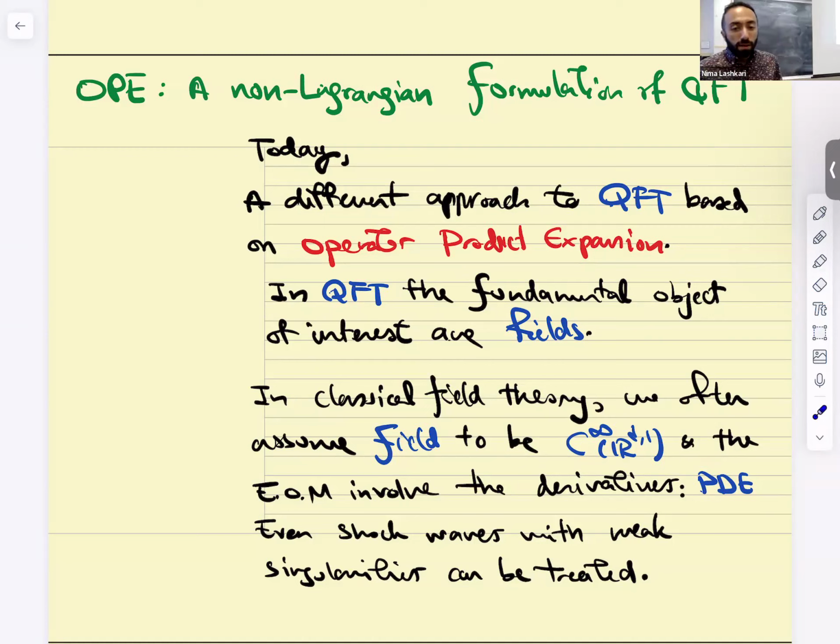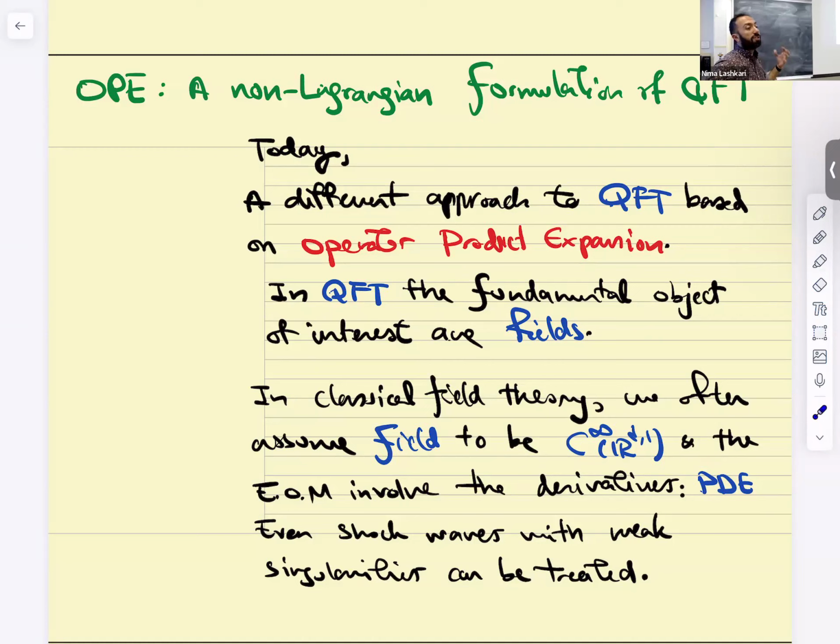All right. In quantum field theory, the fundamental objects of interest are fields. In classical field theory, we assume fields to be smooth. They're C infinity functions of, say, R^{d,1}. And the equations of motion for the field involve derivatives. That's good because the fields are smooth, they're C infinity, so we can evaluate derivatives.